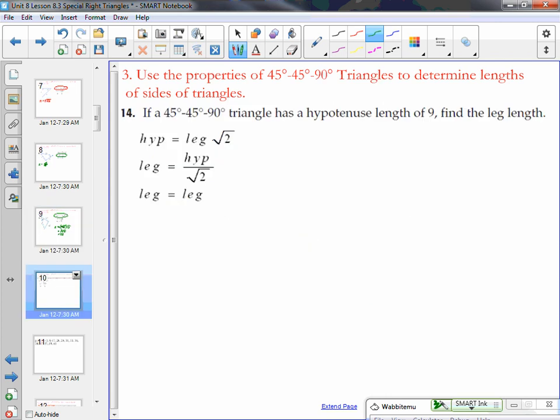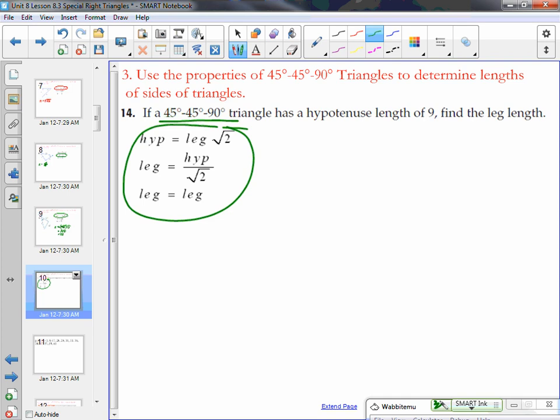Number 14. So jump ahead a little bit. If a 45, 45, 90 triangle has a hypotenuse length of 9, find the leg length. Well, I guess they think they're being tricky by writing it out in a sentence instead of giving you a picture of it. But they tell us it's a 45, 45, 90. So we know that all these apply. They tell us what the hypotenuse is.